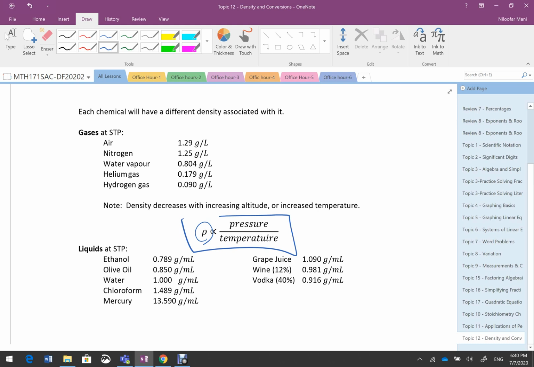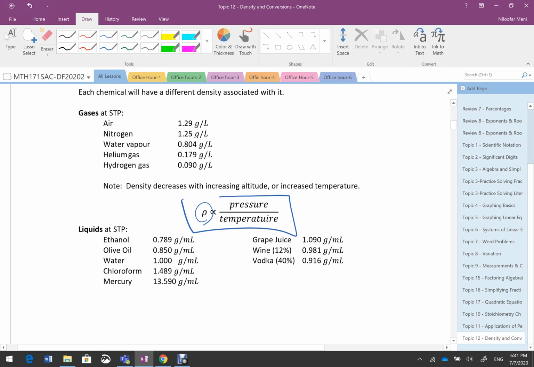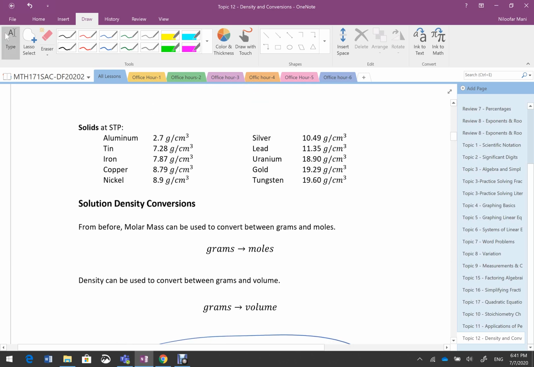So if pressure goes up, density goes up, and if temperature goes up, density goes down, because that's inverse. We don't go into those topics. We just accept that we have density for different substances, and then we use it in our conversion questions.